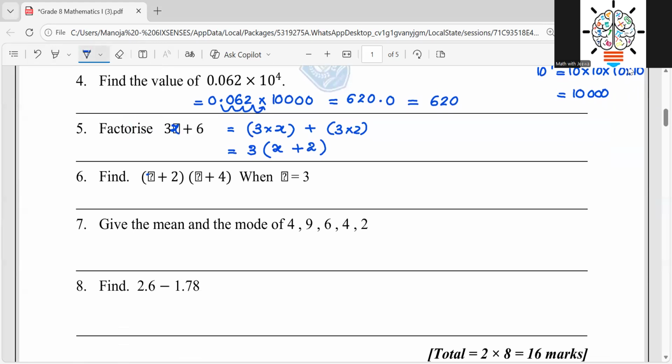And here I assume that I have x, and here I have x, and when x is equal to 3, what happened? You want to substitute the values.